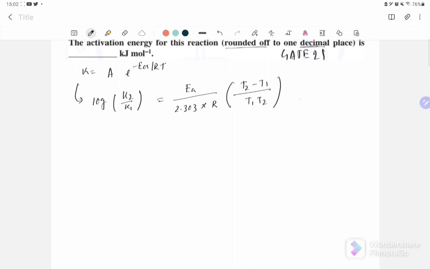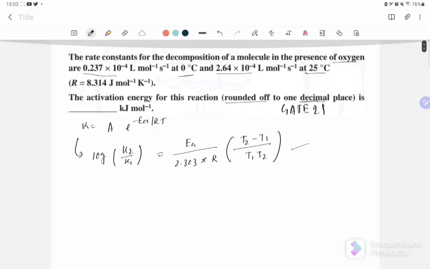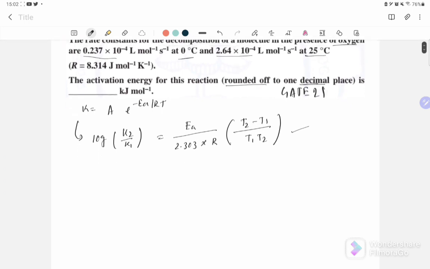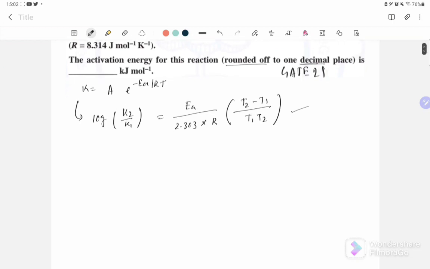This is a very important equation. We can see many questions from this equation, so it's better to remember it for the exam.